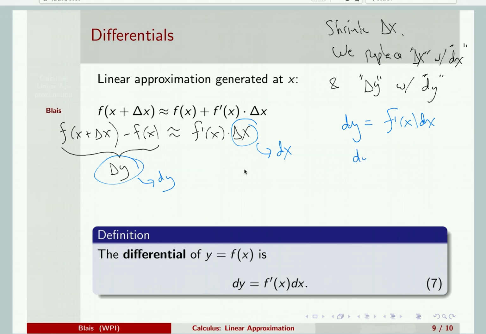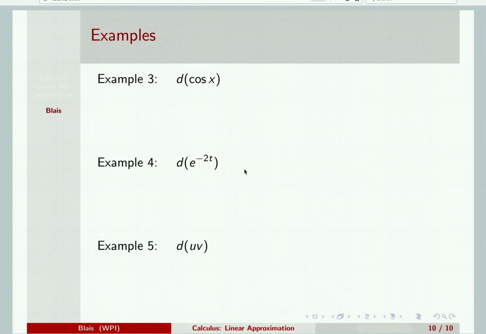And this is where we see our differential notation from before. Think of dividing both sides by this very small quantity dx. And so this is how we define the differential. And this will be particularly handy when you start doing integral calculus.